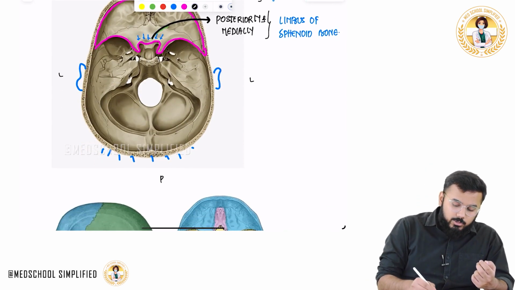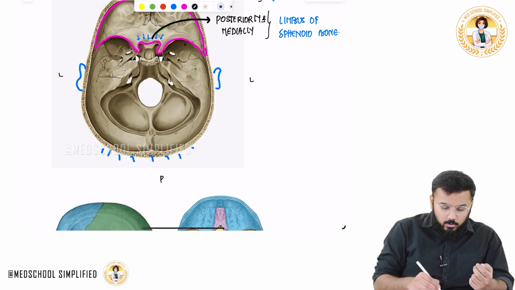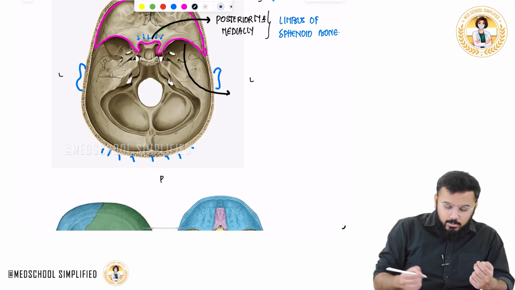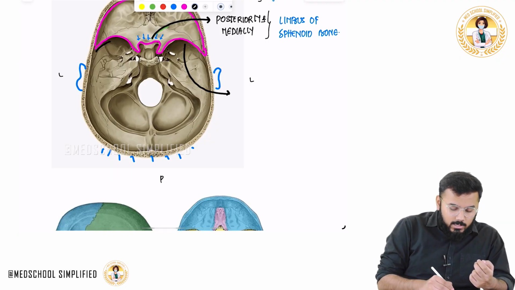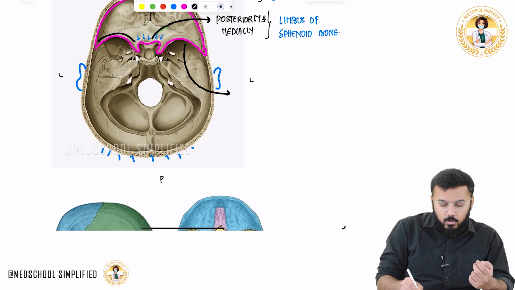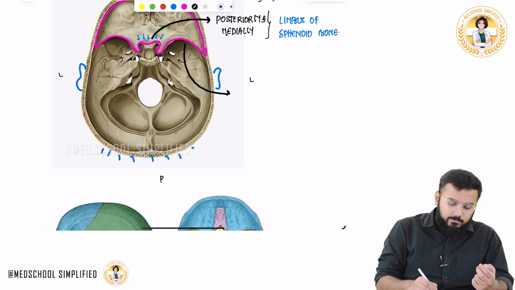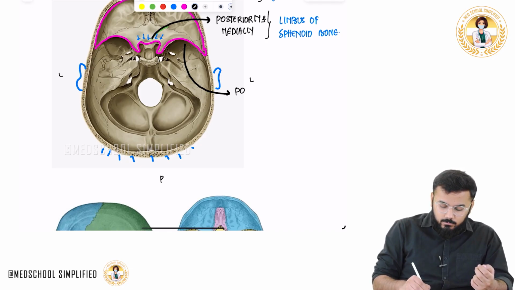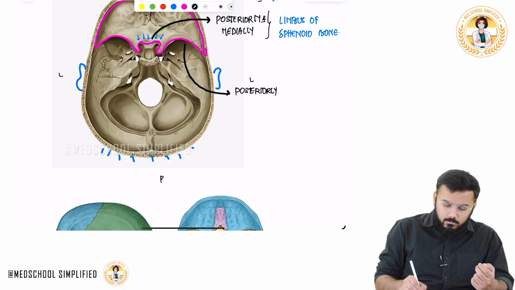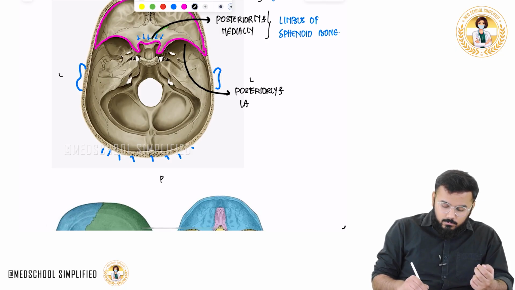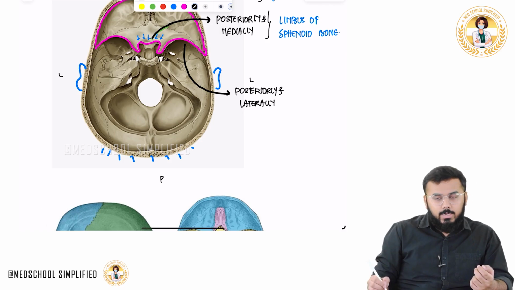Next, after posteriorly and medially the limbus of sphenoid bone, what is this particular structure over here? You see this one on one side and this on the other side. What are these two structures? This is posteriorly and laterally.